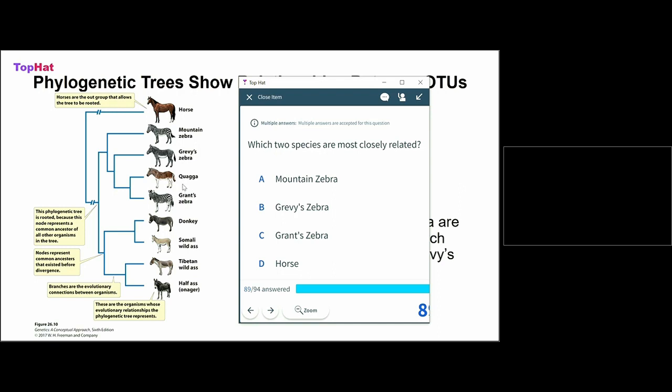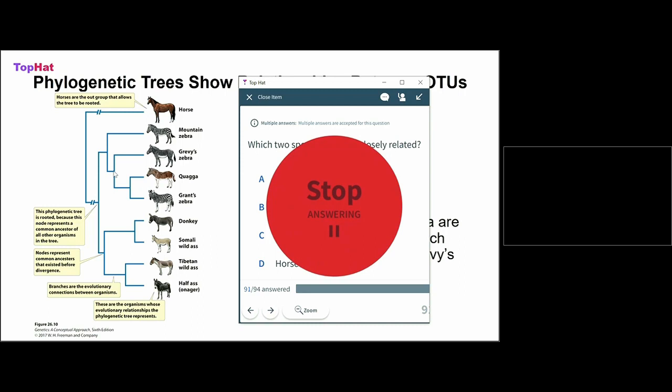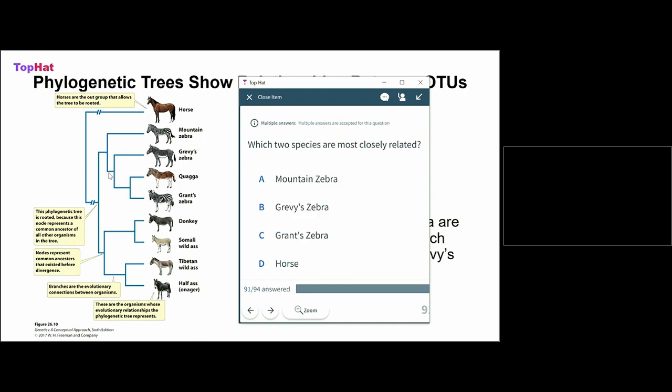So we're basically going to go back. Grant zebra and the quagga share a common ancestor here, right? Then the quagga and Grant zebra's common ancestor diverged from the common ancestor to Grevy zebra here. And then the common ancestor to those three diverged from the ancestor to the mountain zebra here.